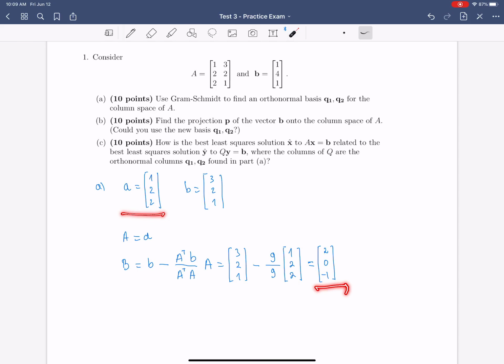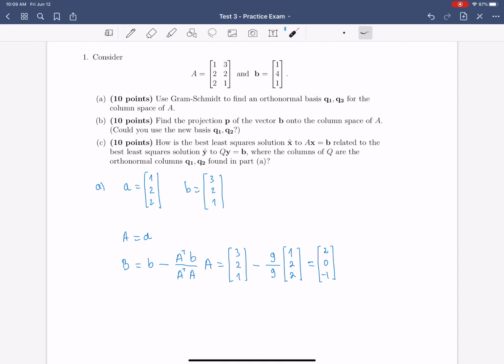If they are, I have not made mistakes. If they aren't, I need to go back and make sure that I haven't made any computational errors. Well, you have 1 times 2, 2 times negative 1. Indeed, the dot product between lowercase a or capital A and capital B is 0. The two vectors are orthogonal, so we know we're good.